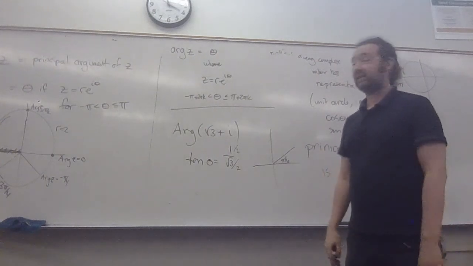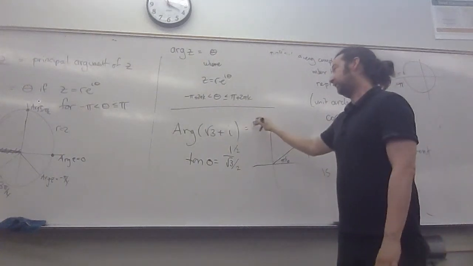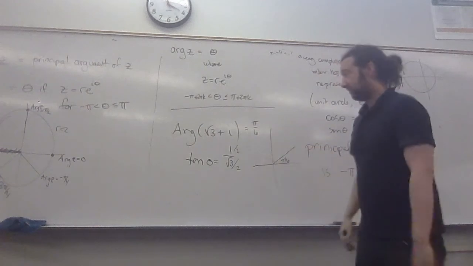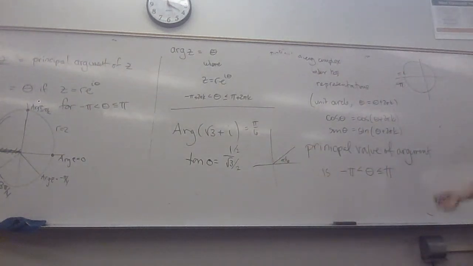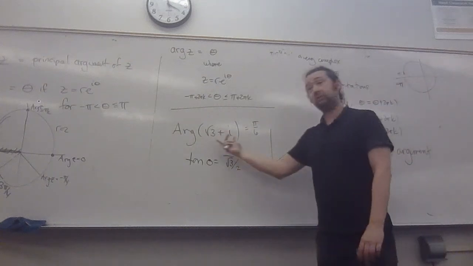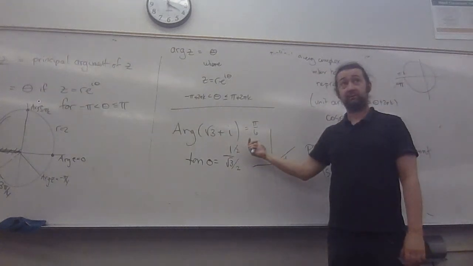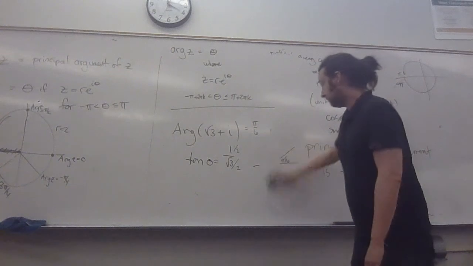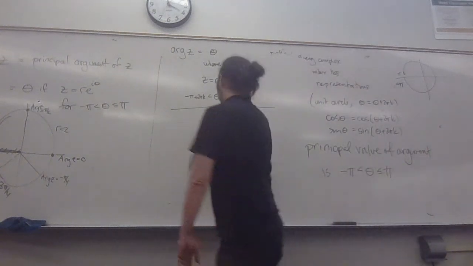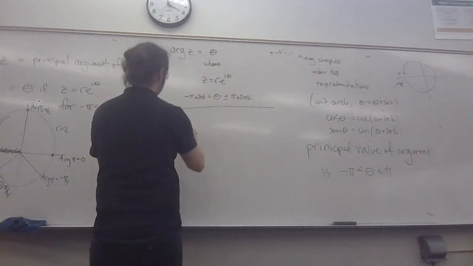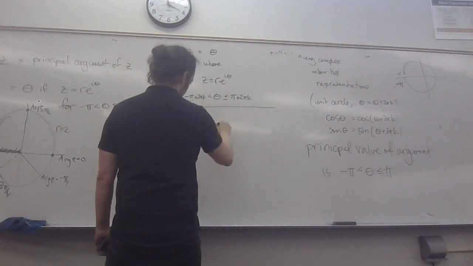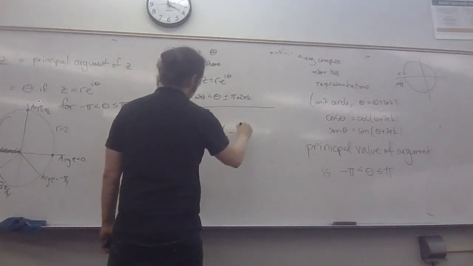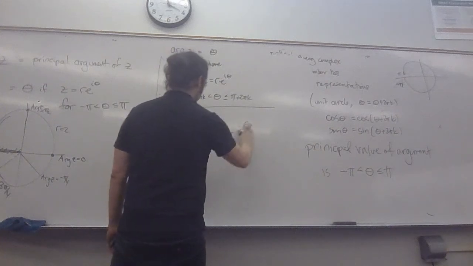This is the sort of thing that I give you a couple exercises to practice on, because it's important to be able to think about the translation of these numbers into these numbers. What if I did this? I'm going to give you a different one. What is the argument of root 3 over 2 minus i 1/2?